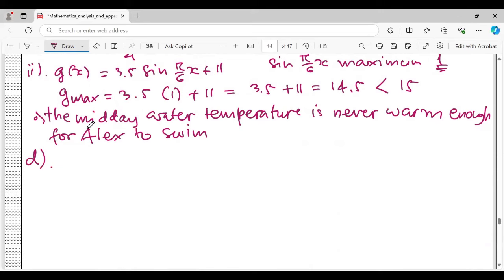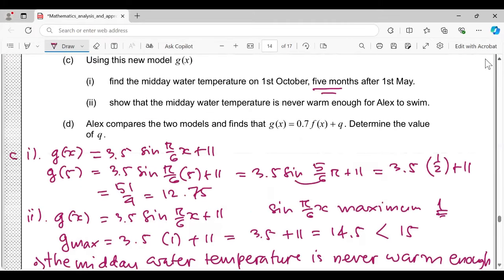So g(x) equals 0.7 f(x) plus q. G maximum happens when f(x) equals 20. That's the maximum.